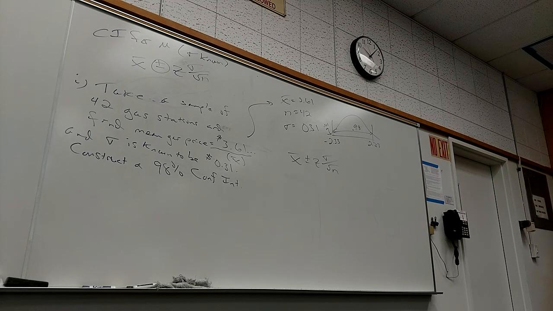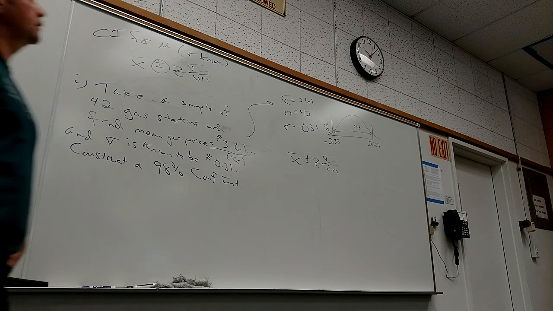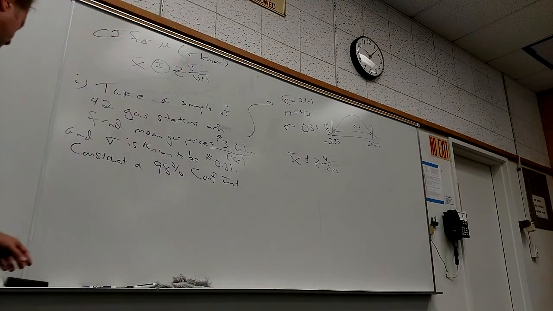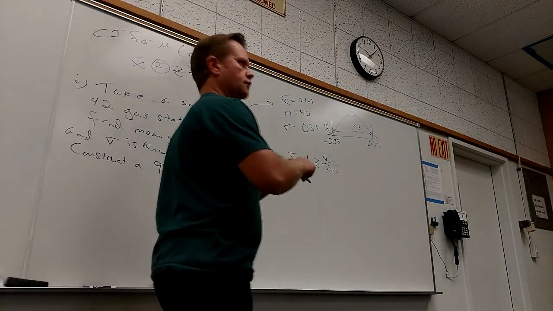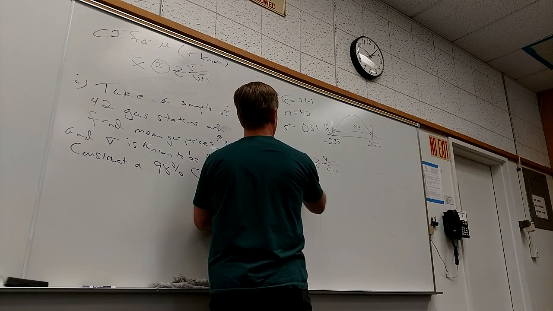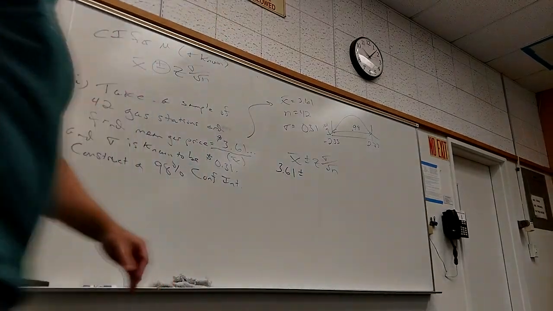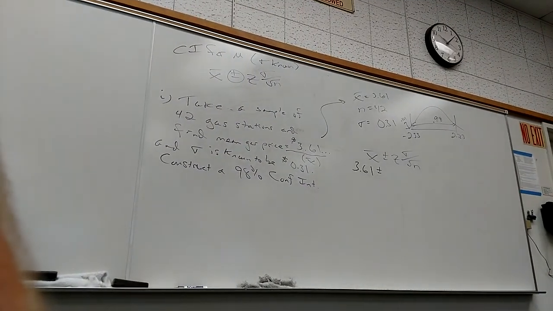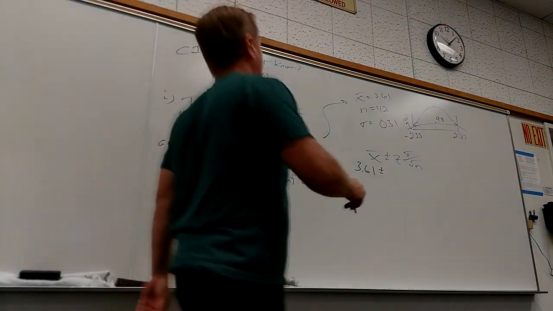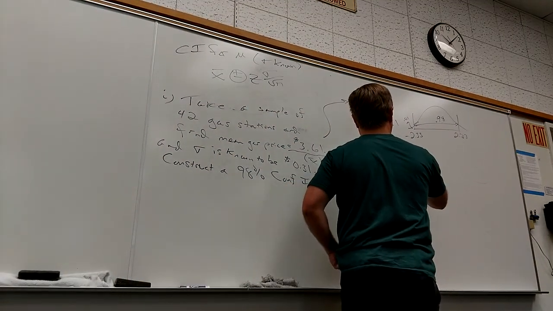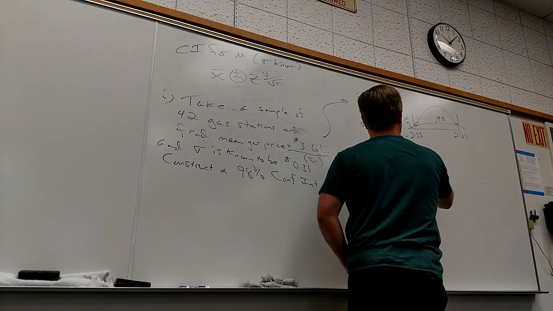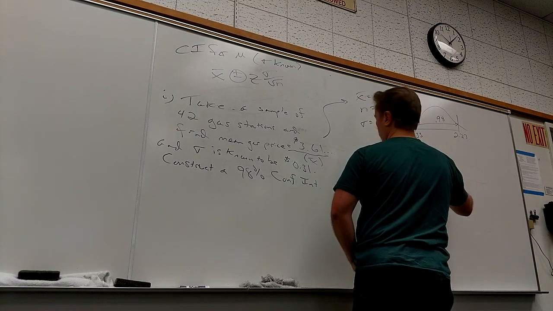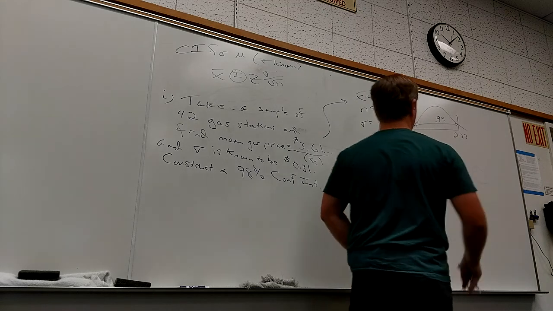That makes sense. Calculator. 0.111. Why four places? Because I like to be accurate. 0.61 plus 0.111. 3.721. Correct.